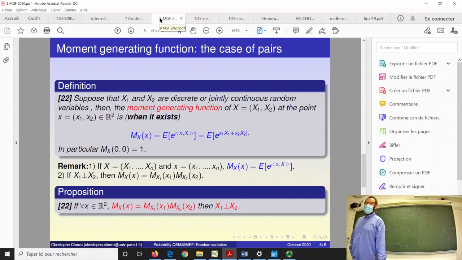In the case that I have independence, no problem concerning the computation. Are you okay with this? It's just the definition of the expectation for pairs of random variables, in the jointly continuous case or the case of a pair of two discrete random variables. I will finish before the break with this one.